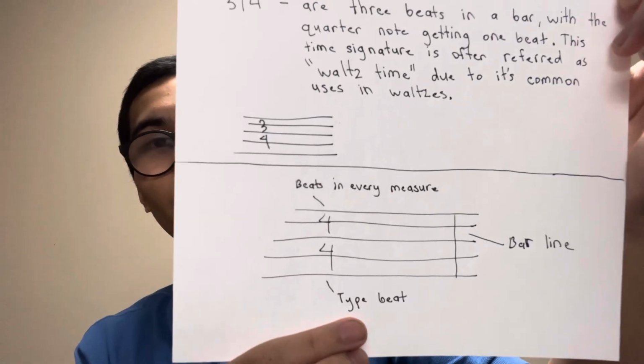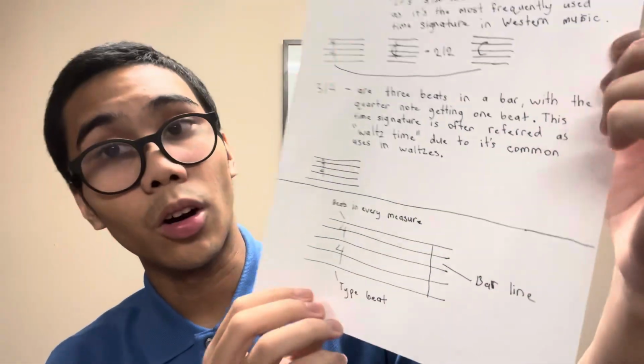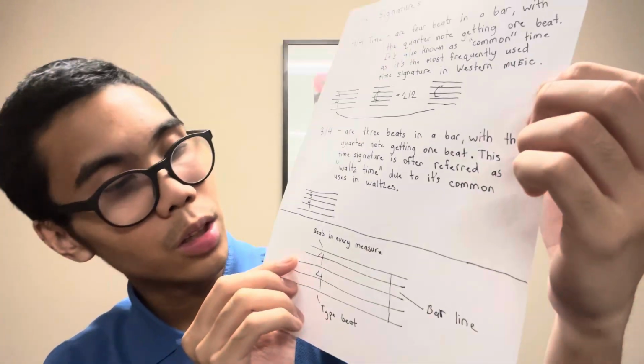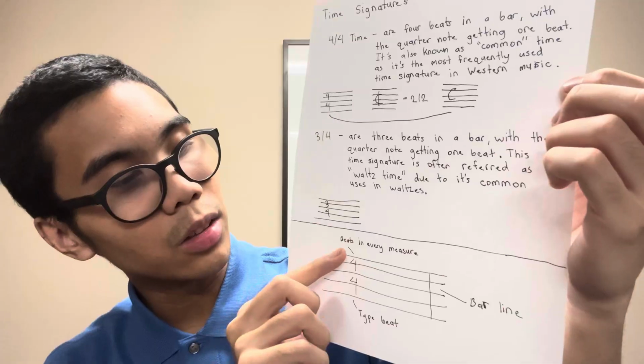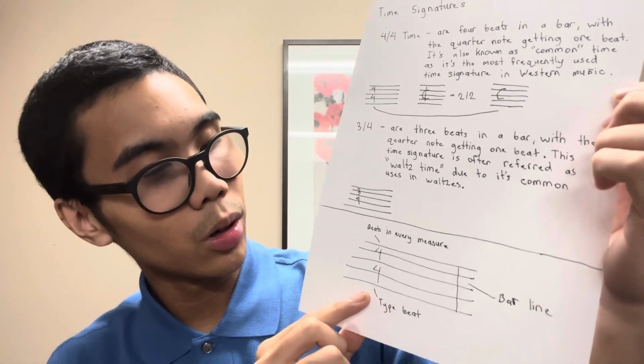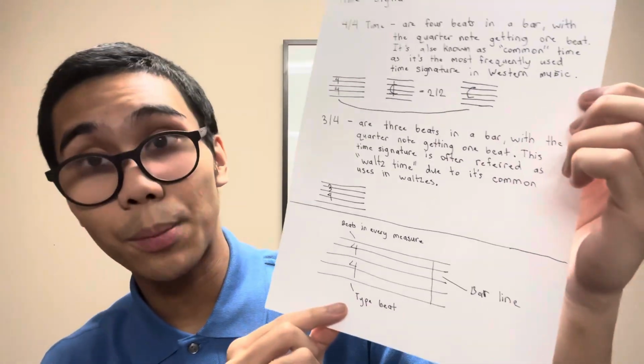And right here at the bottom, we have the meaning of how the time signature works. The top number says how many beats are in every measure, while the bottom number is the type of beat.